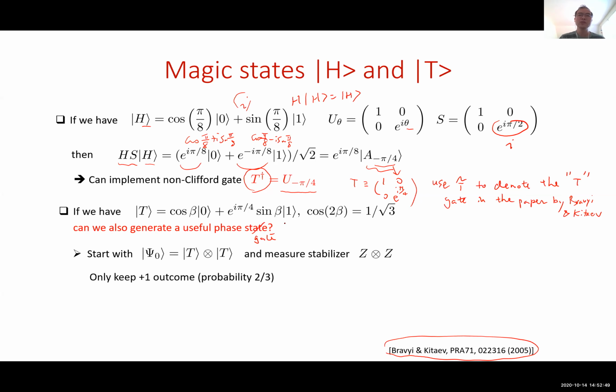Okay, so in this case, we're going to do it slightly differently. We're going to make 2 copies of that. Actually, what I'm doing here is I really want to get a phase state, and from that, I can get a phase gate.